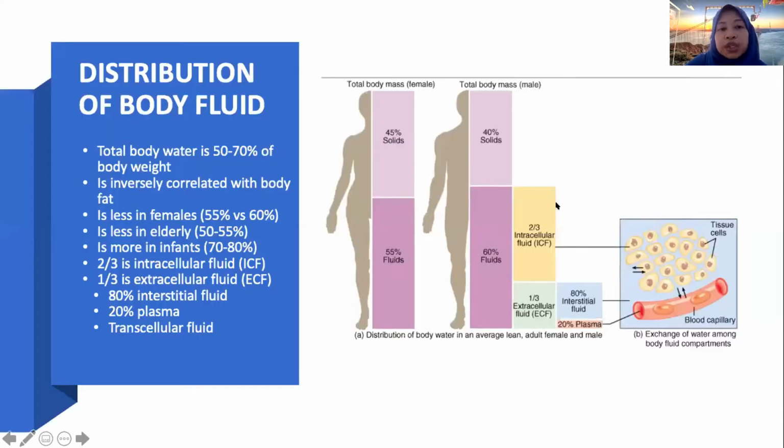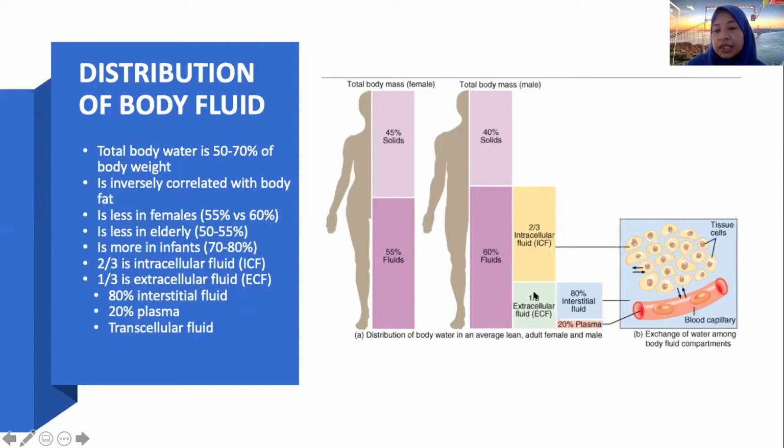So we know that our body is at least 60% made up of water. But where is this water distributed? You need to know that in the body, of this 60% water, 2/3 of it, which is about 40%, is actually in the cells themselves. So there is more water in the cells compared to outside the cells, which is the extracellular space or the extracellular fluid.